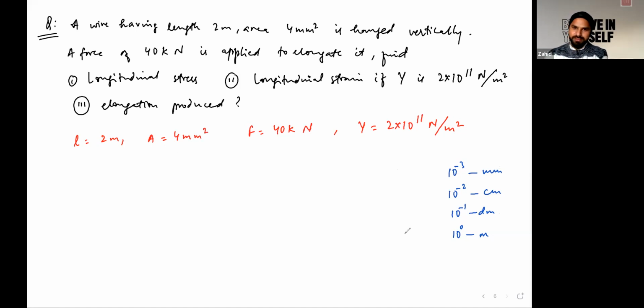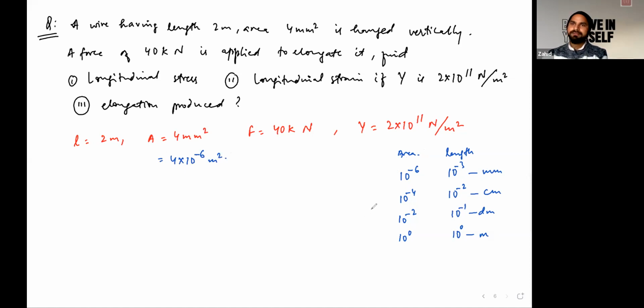On squaring it, it becomes 10 to the power minus 6. So this is in terms of length, and this is in terms of area. So to calculate in terms of meter square, just multiply by 10 to the power minus 6. So it will be 4 into 10 to the power minus 6 meter square.